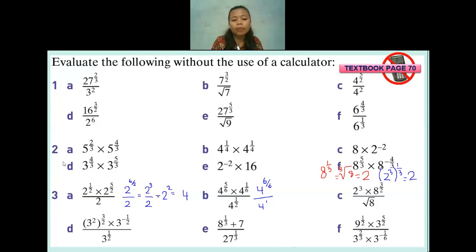When having a division, I can simplify them by subtracting the power. 6/6 is equal to 1. And then 1 minus 1/2, the answer will be a half. So it will be 4 to the power of a half, which is equal to the square root of 4. Square root of 4, the answer will be equal to 2.